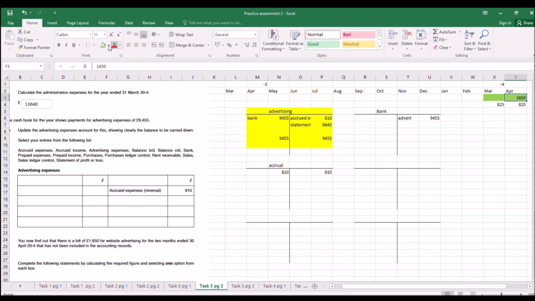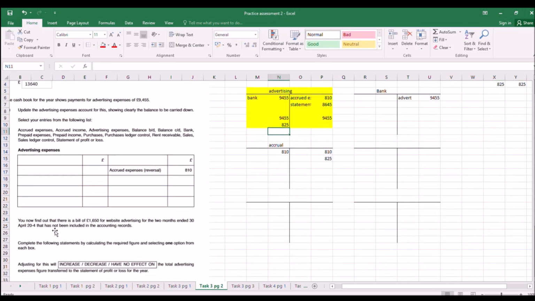This is outside the year end. We're not interested in that. This is inside the year end. So we've got an accrual here of 825. So what we should have then is our accrual. We should be credit 825, and we're going to debit this then in here, 825 there.